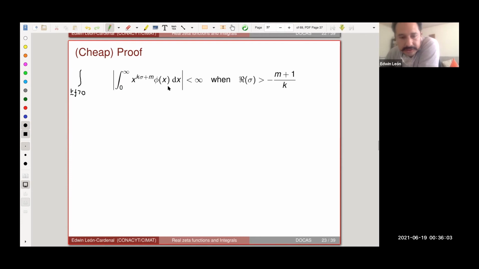So the first thing that we know here is that this function is finite when the real part of the parameter sigma is greater than minus m plus 1 over k. And how's that? It is because this is less or equal than the integral of the norm of the thing that is here, what appears here is the real part of k sigma plus m.